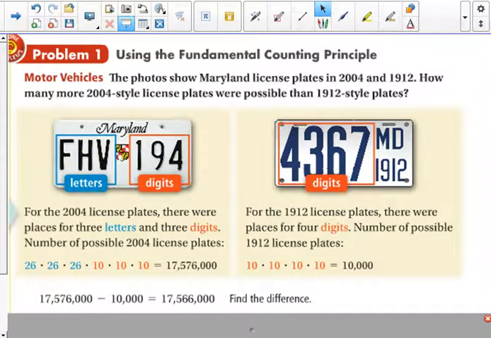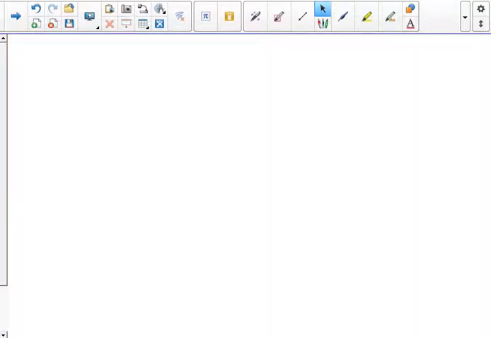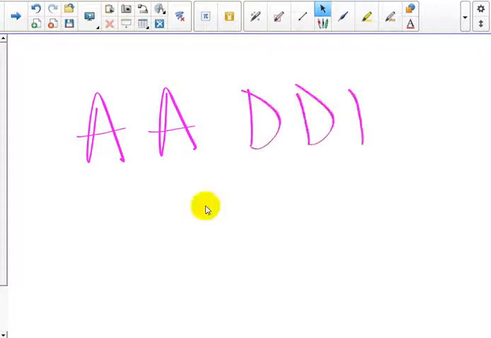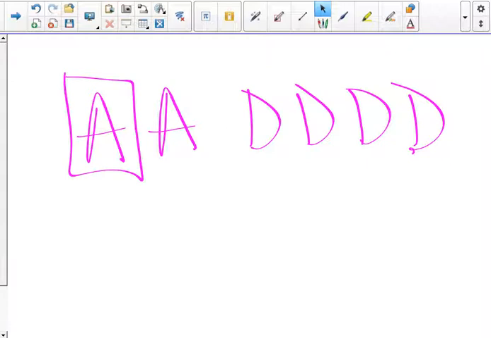So, for example, in your homework, it said you must make a password for your email account. The password must consist of 2 letters followed by 4 digits. Well, we've got an alpha, and digit, digit, digit, digit. Well, think of this. How many ways can we represent an alphabetic character? Well, there's 26 letters in an alphabet.